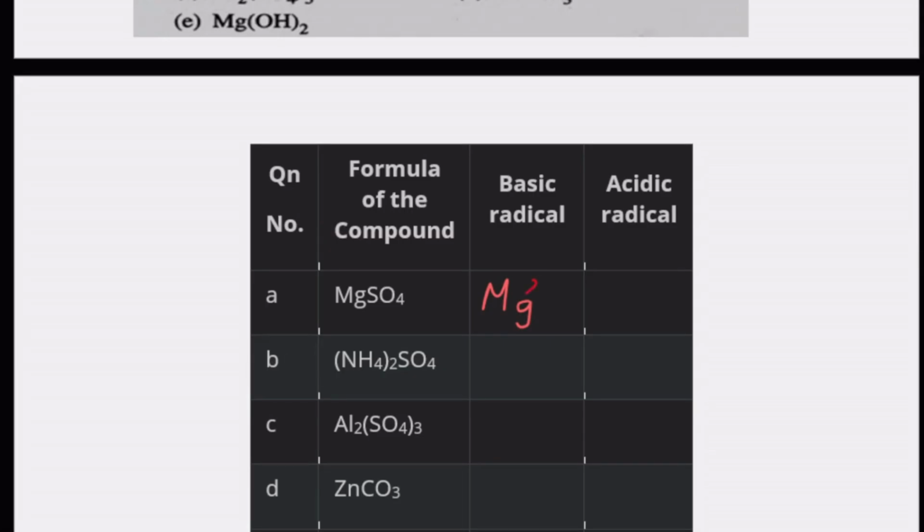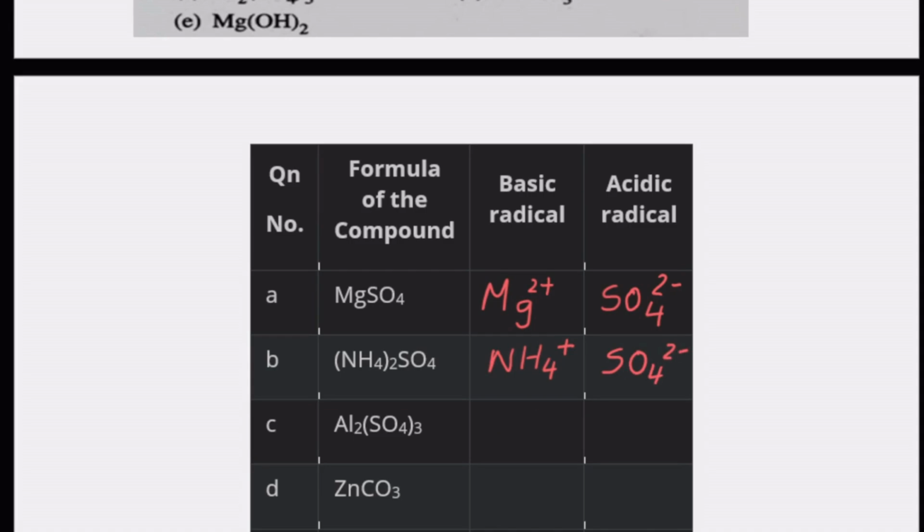So magnesium, Mg2 plus, and sulfate radical, SO4 2 minus. Ammonium sulfate: NH4 plus, and once again SO4 2 minus.